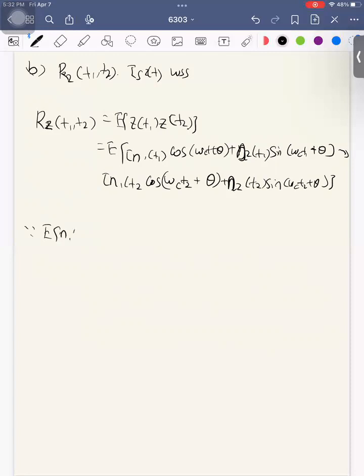Since we already know this part, which is this part in here, this part in here, we know this part is equal to Rn tau times E the cosine of this thing in here.